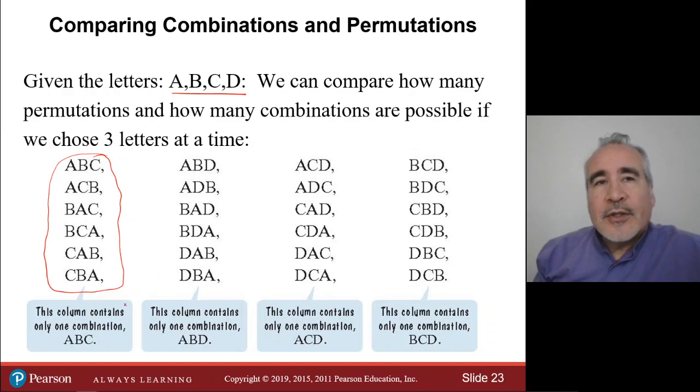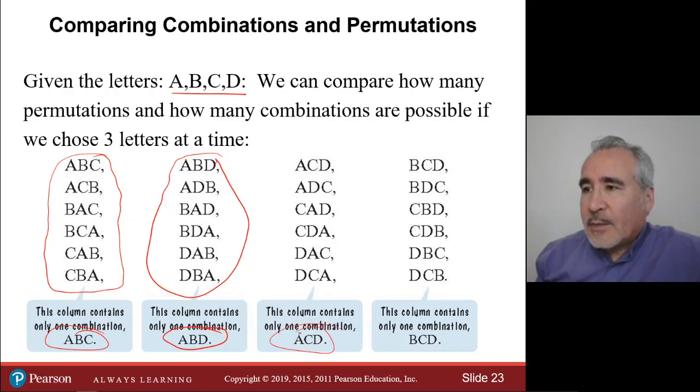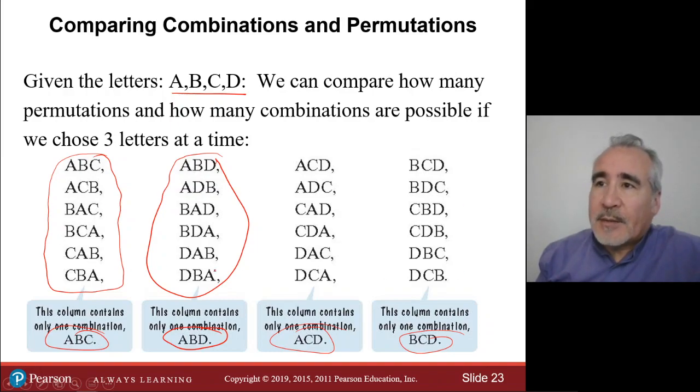So if order is now not important, this is not 6 groups, 1, 2, 3, 4, 5, 6. It is only 1 group. And the same thing with each of these. Permutations, these are all considered different, but under combination rules, they are all the same group. They have A, they have D, they have B, various orders, and so forth. So combination, this would be 4 groups. Permutation, it would be 6 times 4, which is 24.